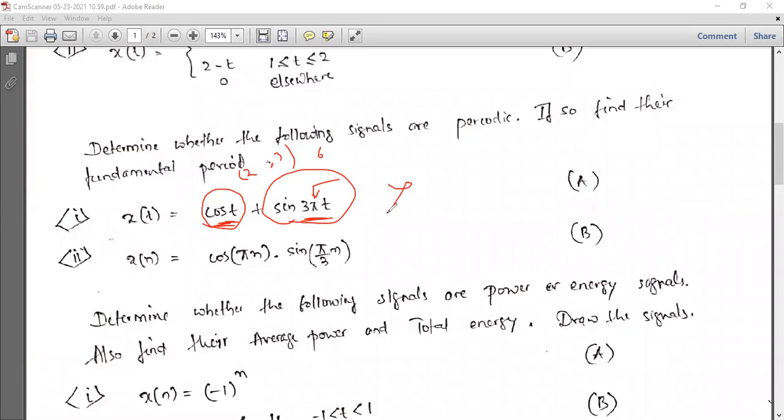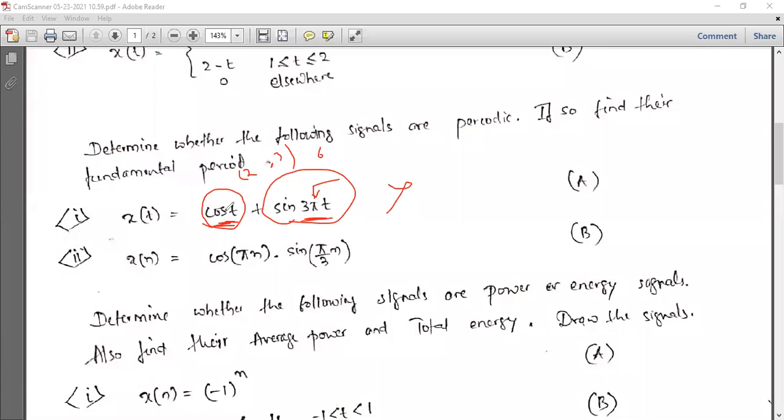So this one here. Who got this? Ihab, what was your conclusion by the way? Cos t plus sin, they are aperiodic. I thought we have discussed this in the classroom also, and a similar question was there in the solution manual. If you have a pi in both of them, then it is fine.